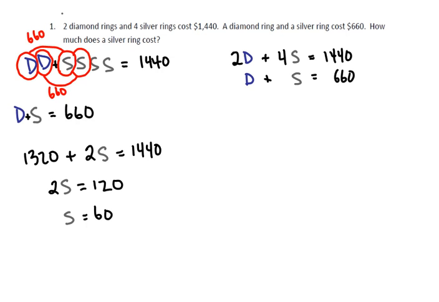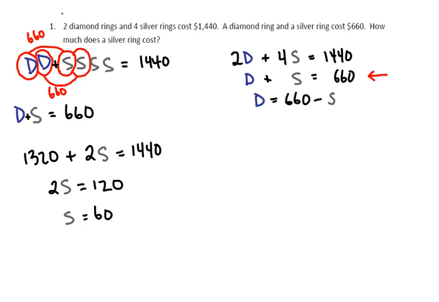The first method would be called the substitution method, and in that case we will use the second equation. Since we have the d and the s already by themselves alone, we can solve for one of them. Since the end result is to find out how much the silver ring costs, we can simply solve for d here.